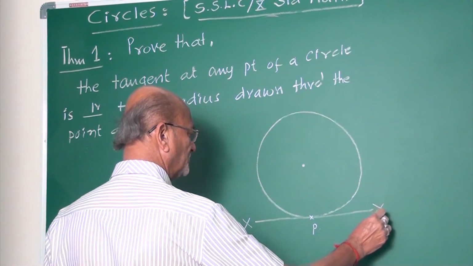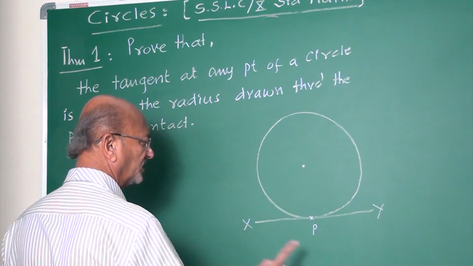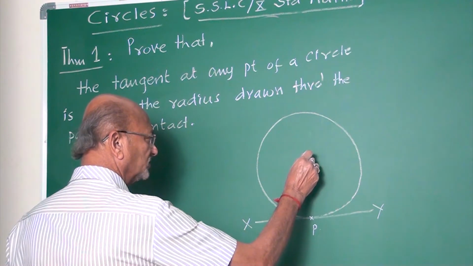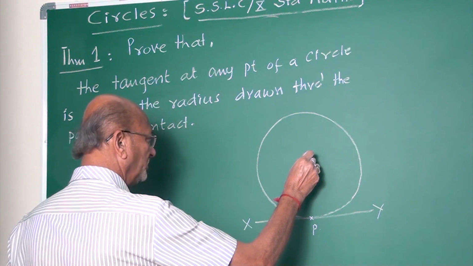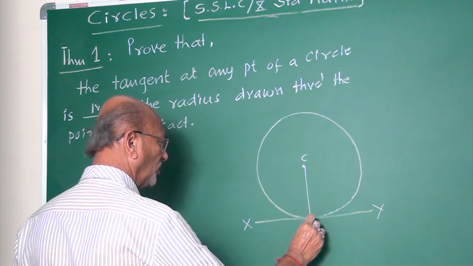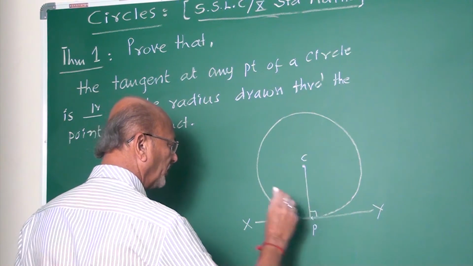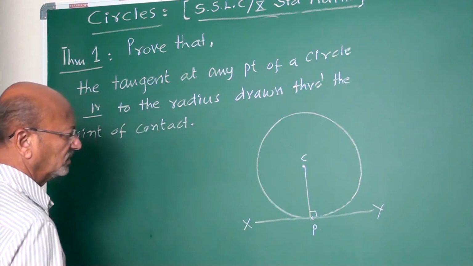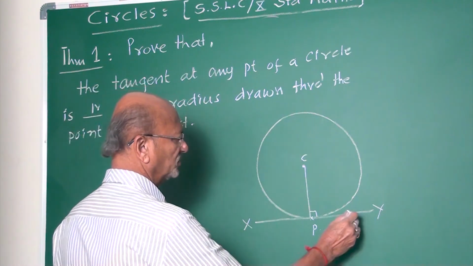XY is the tangent, as these letters are given in your textbook. The center is C. This is the radius. You want to prove this is perpendicular. For that, what is the construction?